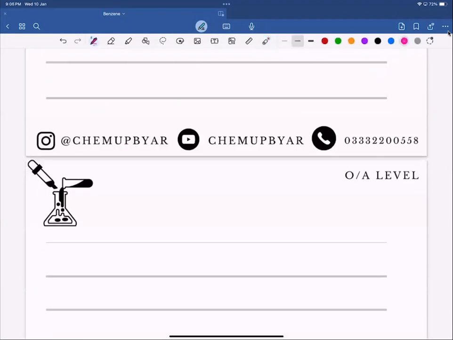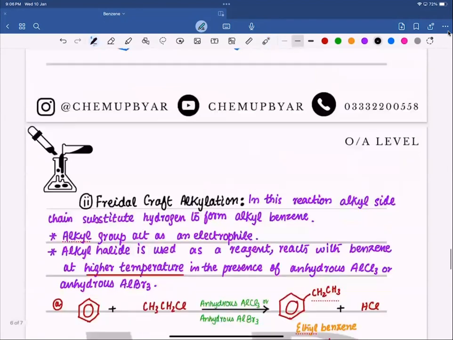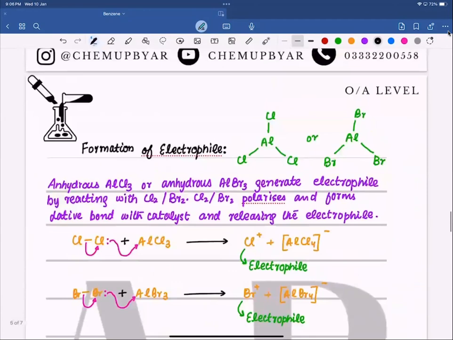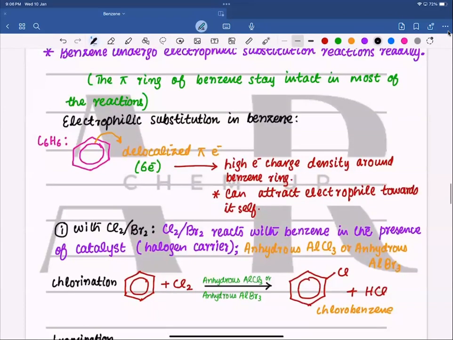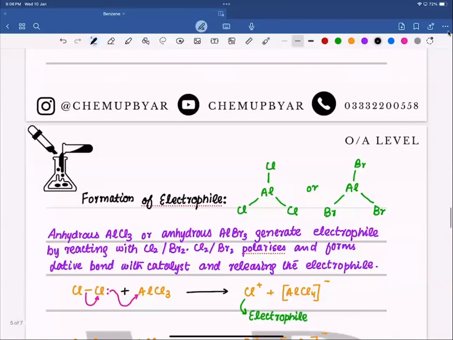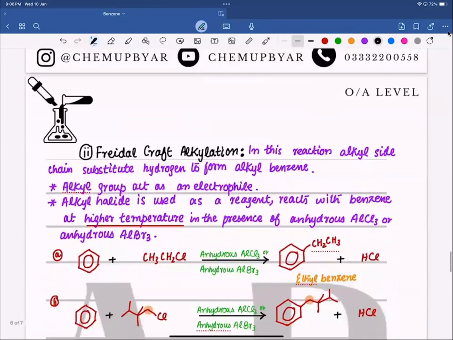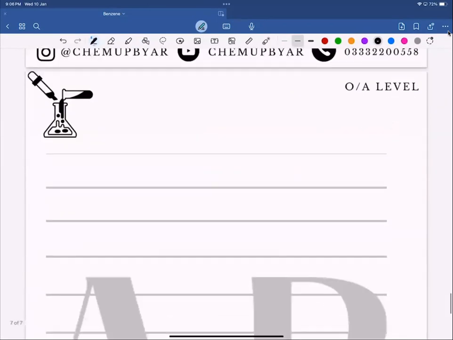Okay. Now, next we are doing electrophilic substitution in benzene. First, we did it with chlorine or bromine, with halogen. Then we did it with alkyl halide, that is Friedel-Crafts alkylation.